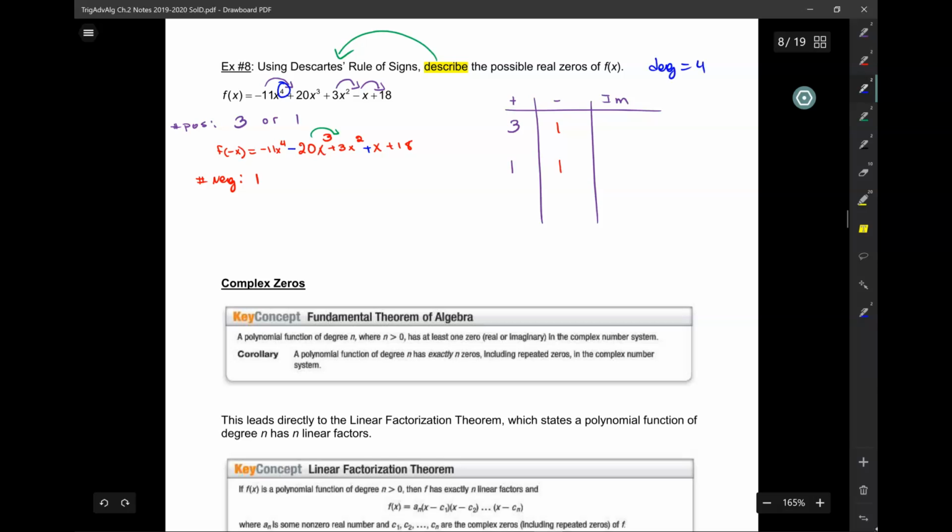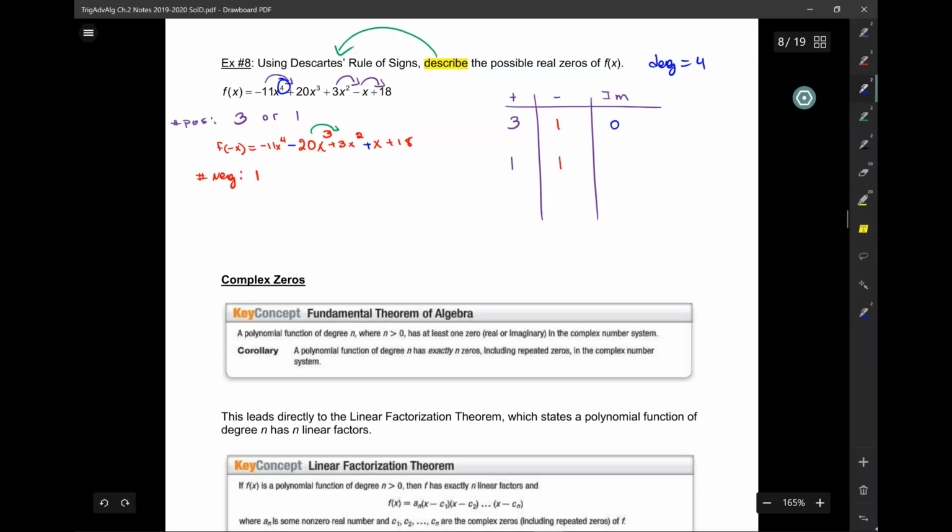So each row has to add up to 4. In the first case, 3 plus 1 is already 4. I don't need to put anything else to compensate. In the second row, 1 plus 1 is 2. I need an additional 2 to compensate.